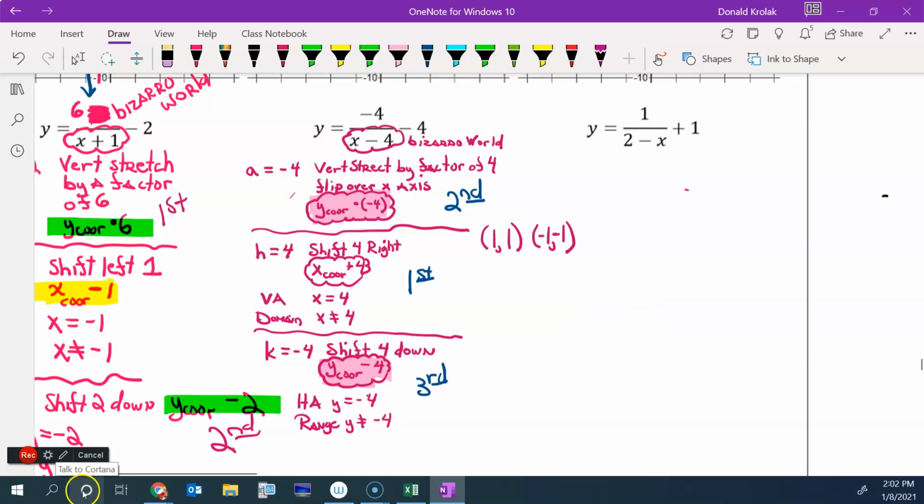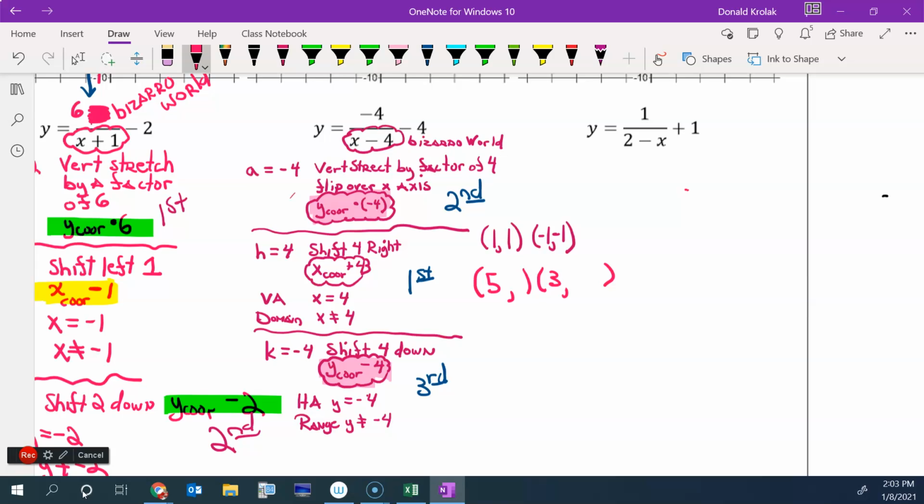Alrighty. So let's see. All right, so I got 1, and I am going to add 4 to it. I got -1, I'm going to add 4 to it. Okay, and then for the y, I'm going to multiply it by -4, and then I'm going to subtract 4.